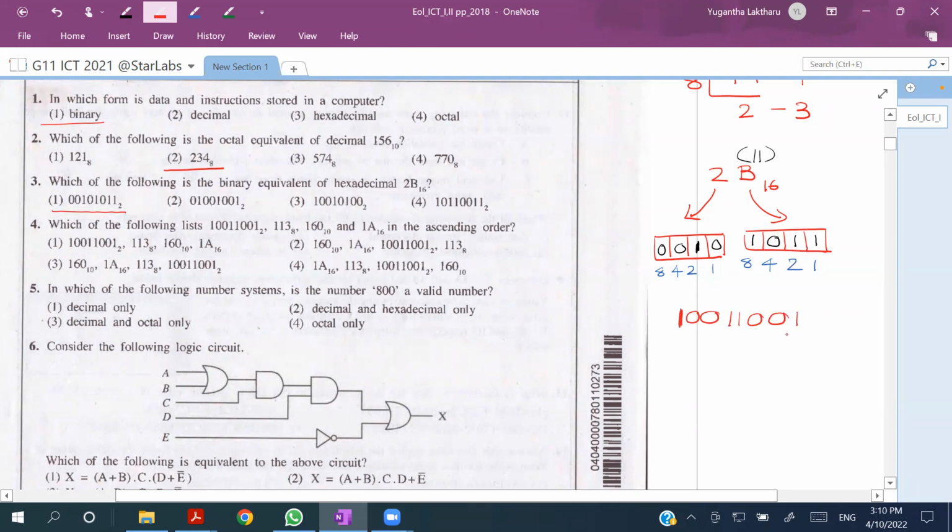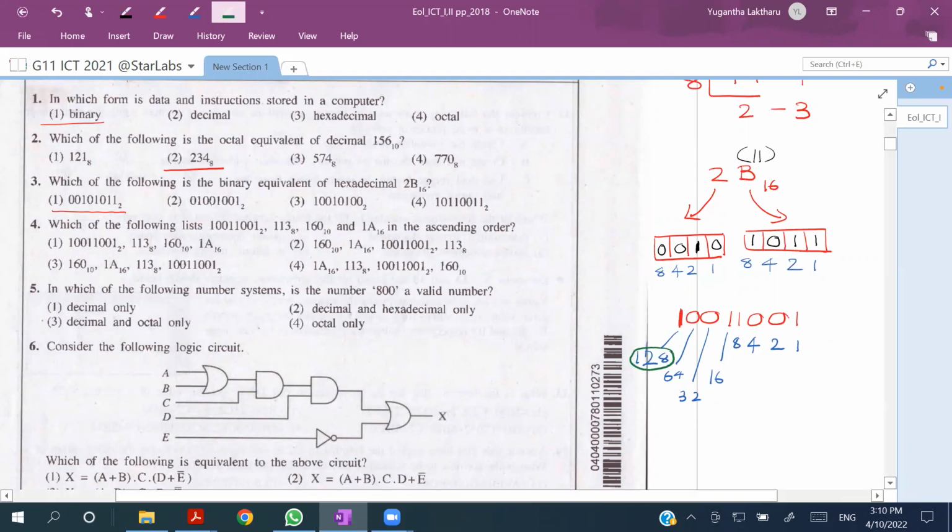So let's quickly convert this into decimals. The place values are going to be 1, 2, 4, 8, this is 16, this is 32, this is 64, and this is 128.